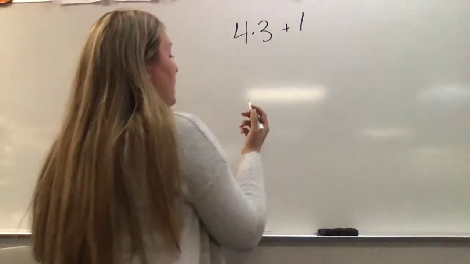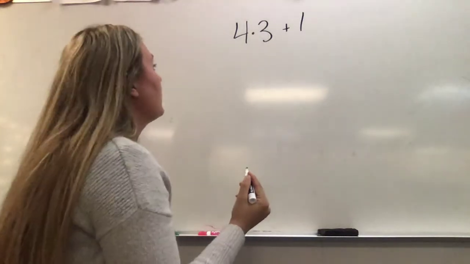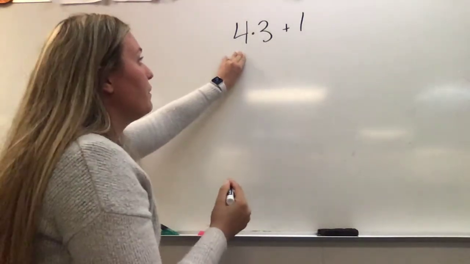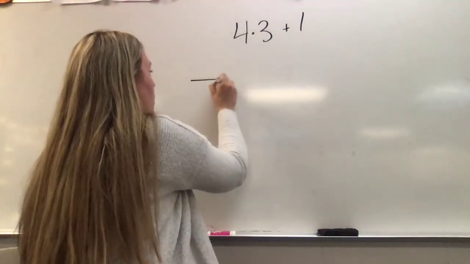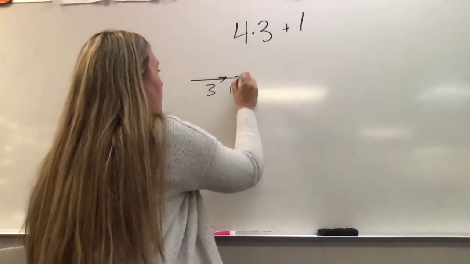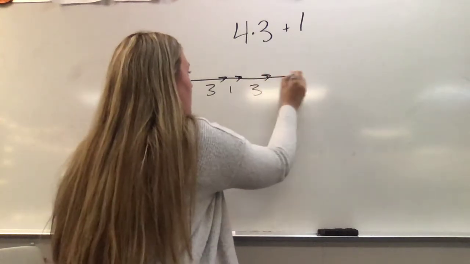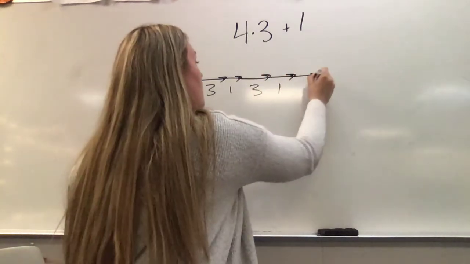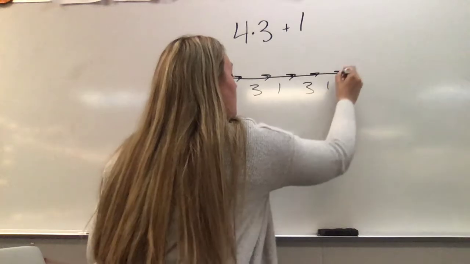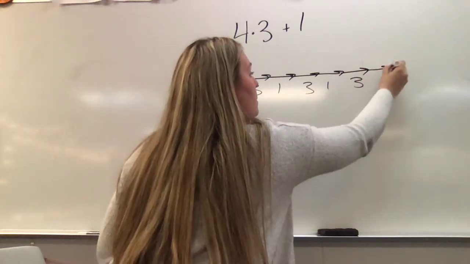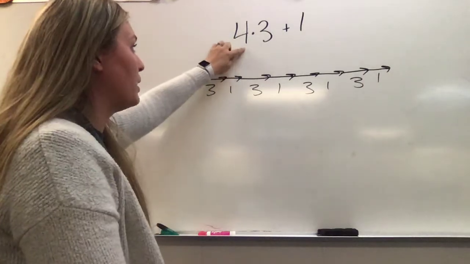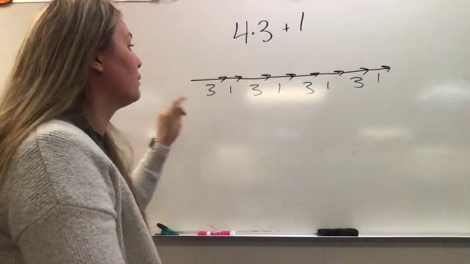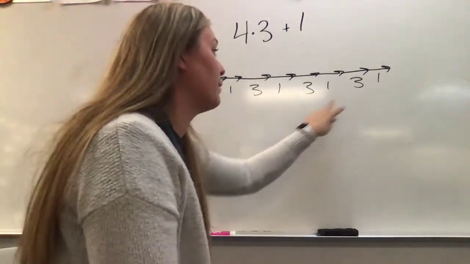So let's say we look at it like 4 groups of 3 plus 1. You might, if you were Cecil, go 3, and then 1, 3, and then 1, 3, 1, 3, and 1. So you're thinking about this as I'm going 3 plus 1 4 times. 1, 2, 3, 4.